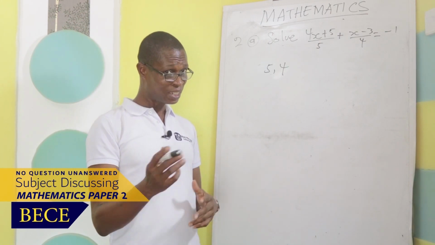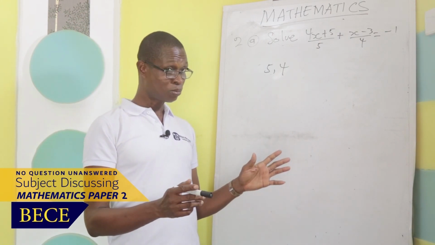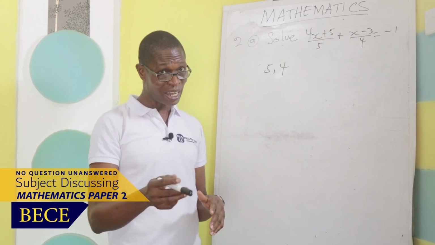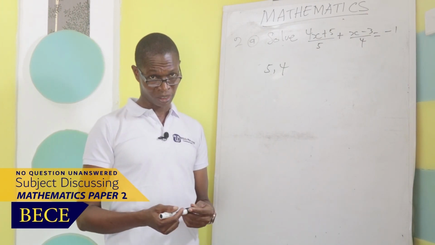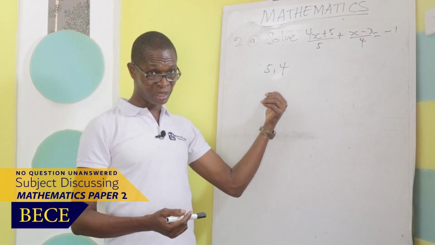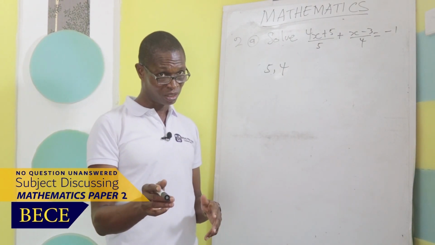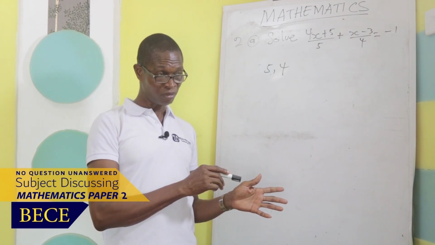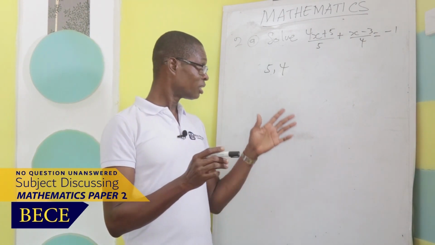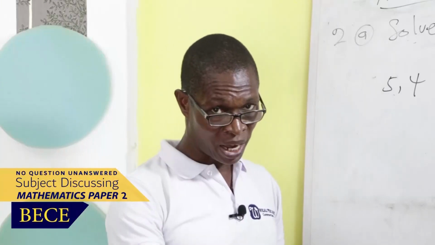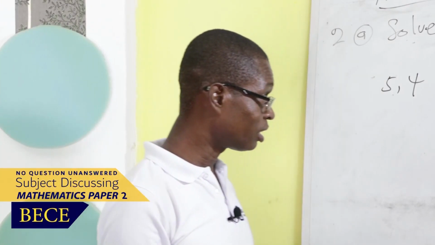A number like 6 and 8: if you say you multiply 6 and 8 and take it as the LCM, you are wrong. Because as you use this method, you realize that it is not 6 times 8, which is 48, but a different thing. So quickly, let's use the prime factor method and see.